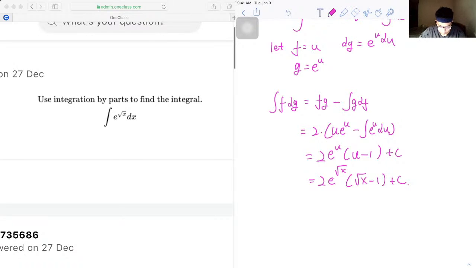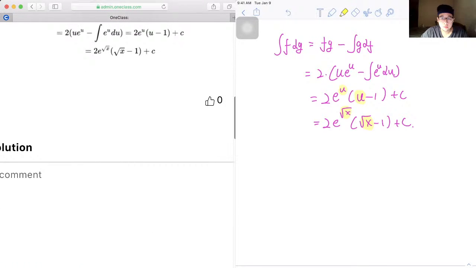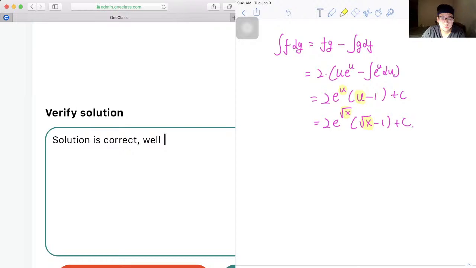As you can see here, we just substitute u by root x. So I think that's all we got for this question. Let's leave a comment: solution is correct. Well done.